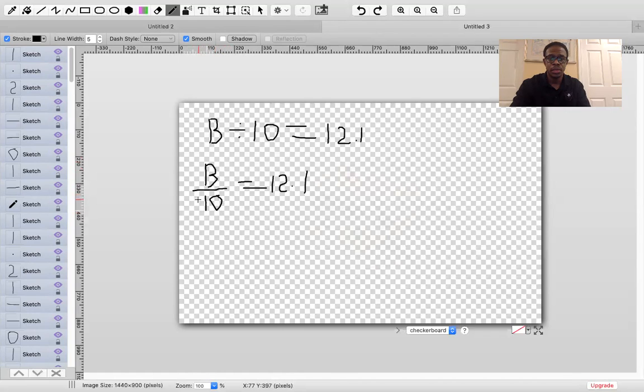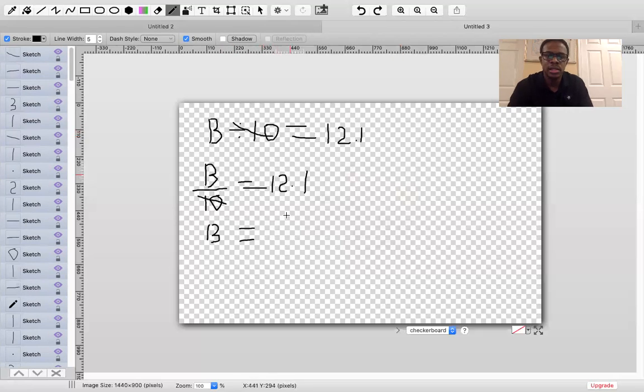So B is at the top, so we can remove the 10, and we're going to have B is equal to, so what's the opposite of divide? It's going to be multiply. So we're crossing this out and doing the opposite on the other side. The opposite of dividing by 10 is multiplying by 10. So B is equal to 12.1 times 10.